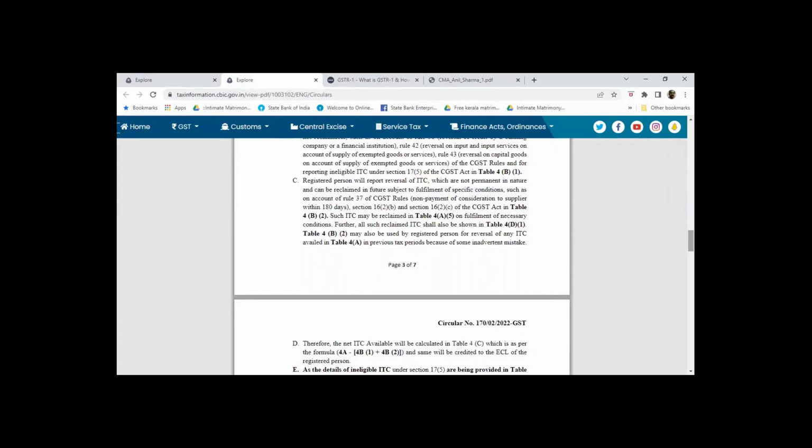Registered persons also have to report reversal of ITC which is reversed and which can be reclaimed in a future period subject to certain conditions.